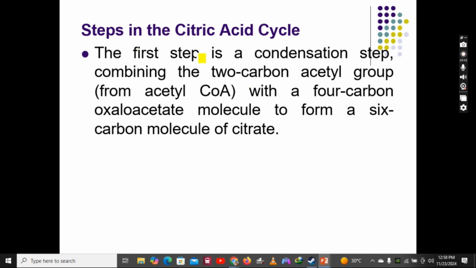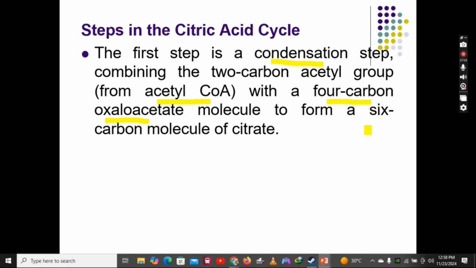So the first step is a condensation step. A condensation meaning there is a condensation reaction that is taking place. That's in the first step of the citric acid cycle. In this first step, there is the combining of the 2 carbon acetyl group molecules, the ones that come from the acetyl-CoA, with a 4 carbon atom molecule, which is the oxaloacetate.